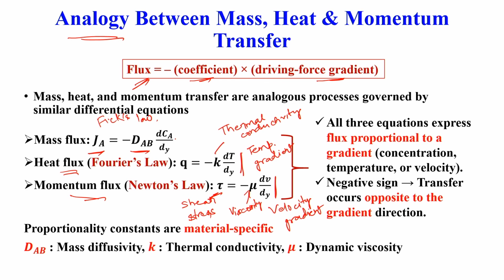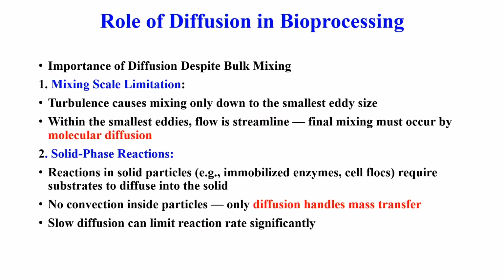In mass transfer it is a concentration gradient, in heat transfer it is a temperature gradient, and in momentum transfer it is a velocity gradient. Now, next we will be discussing the role of diffusion in bioprocessing.